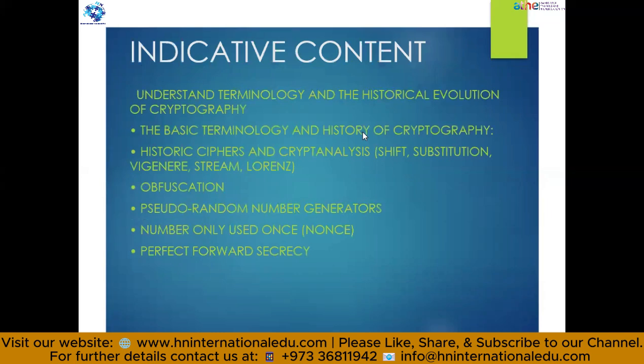So in the first lecture of cryptography, we will just see a few concepts. First of all, we will see the introduction to cryptography, and then these few indicative content points. We will understand the terminology and the historical evolution of cryptography.